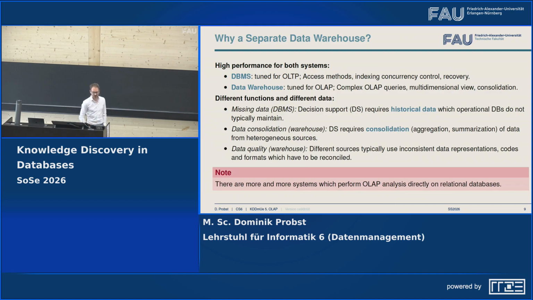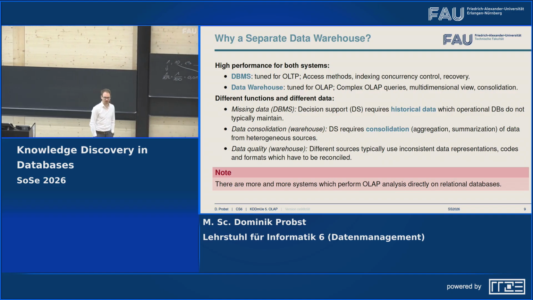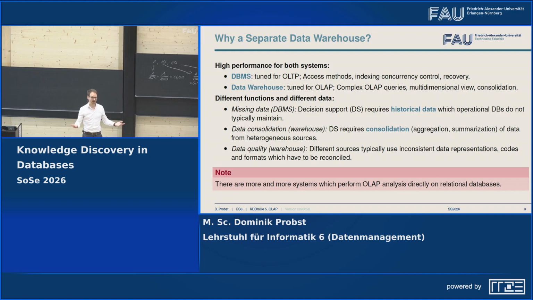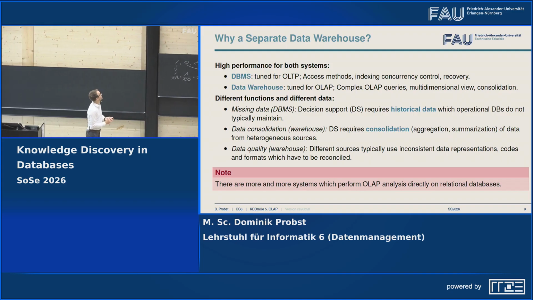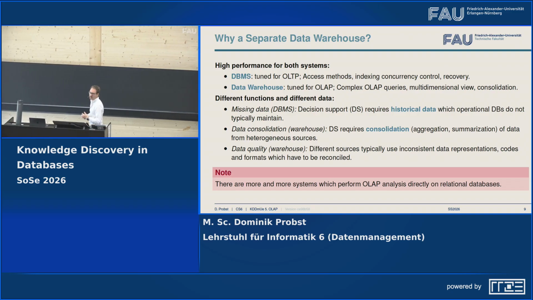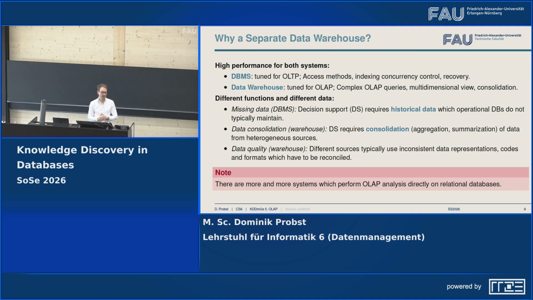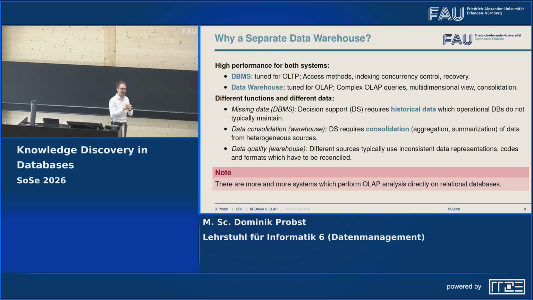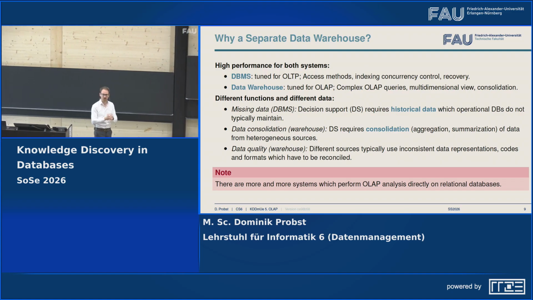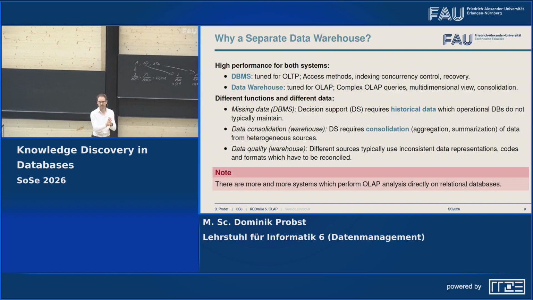Yeah, which leads us to the question, why do we have OLTP and OLAP? Why do we have two different databases? Well, in a database management system, DBMS, we are tuning the whole system for OLTP. There are a lot of researchers, a lot of people, IT experts, that are trying to optimize database management systems to be as fast as possible in handling multiple millions of transactions at the same time.